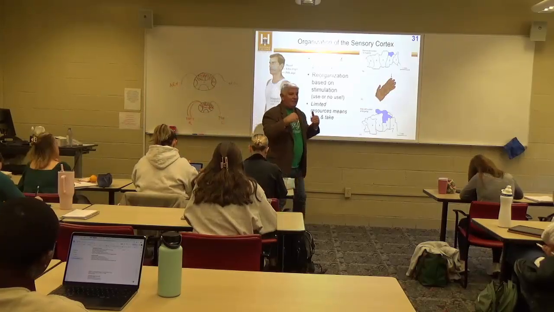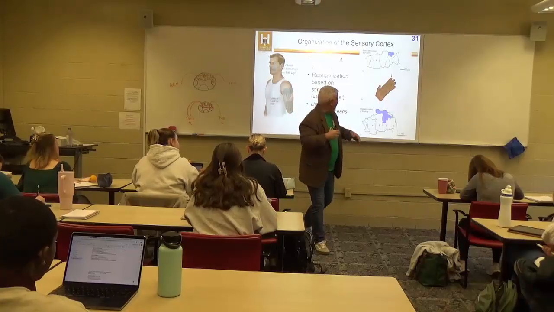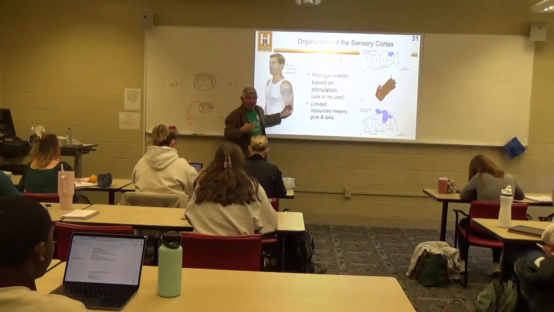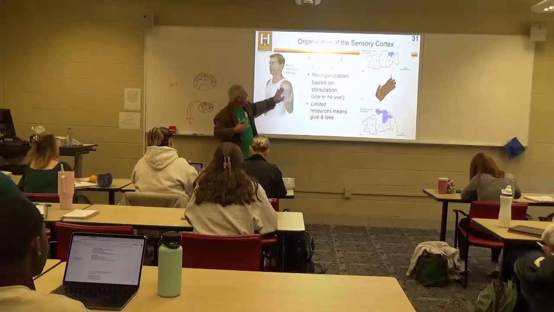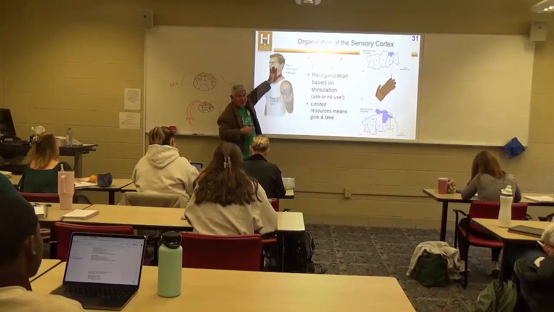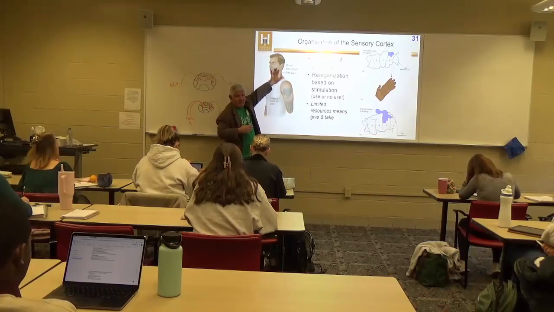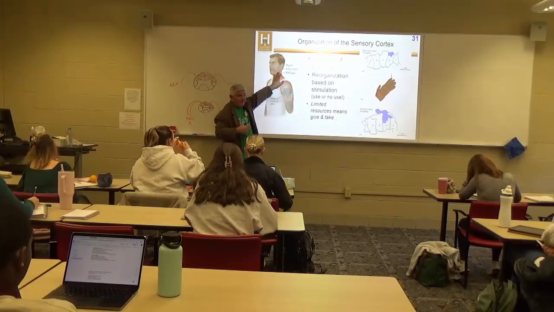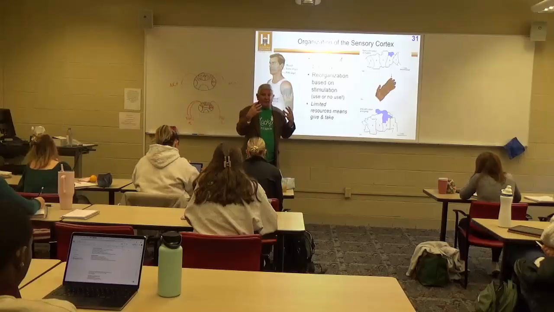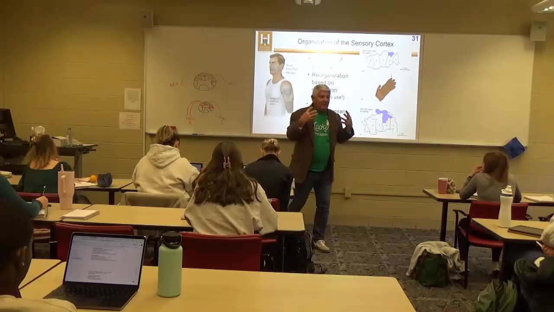And so now I have an area of the cortex that my adjacent arm is now stimulating that used to be the cortex associated with my fingers, and on the other side, parts of my face that are coming in to areas of the cortex that used to be my hands. And this is where the brain can sometimes get confused.